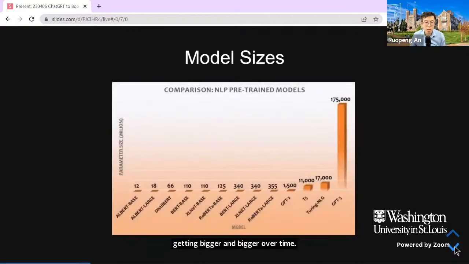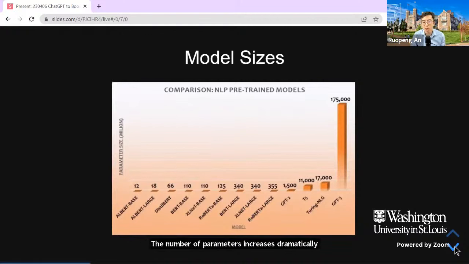If we trace back to several years ago, when Google developed their very first NLP models called ALBERT and other models that use Sesame Street characters to name those models, we can see that the number of parameters, which you could think of as numerical values stored in the model to provide capacity for the model to do predictions, increases dramatically over time.